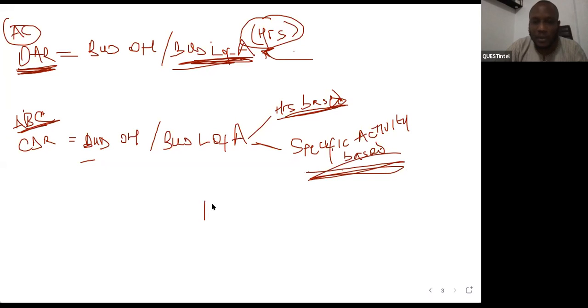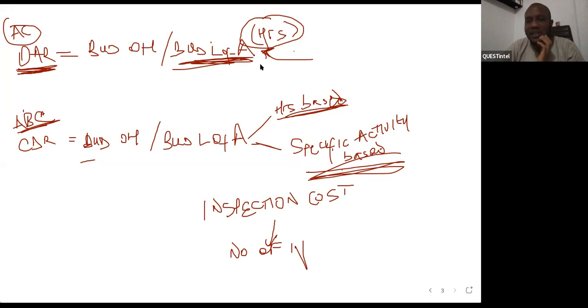So for example, inspection costs will be driven by the number of inspections. Now, the number of machine hours or the number of labor hours will have very little to do with the number of inspections.